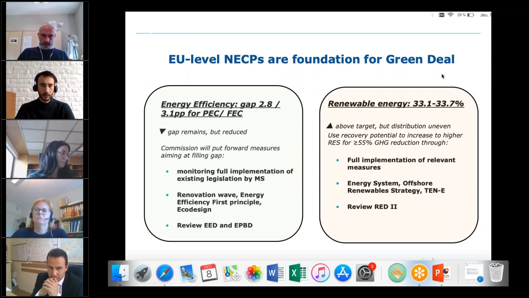So this is above our target, but for energy efficiency, we still have a gap. When you add up all the contributions by member states, you still see a gap of around 3 percentage points for both primary and final energy consumption.